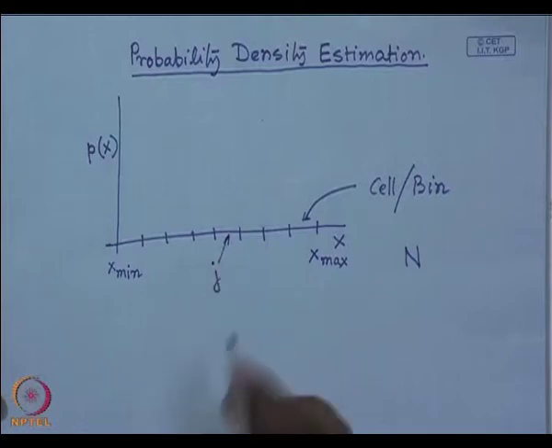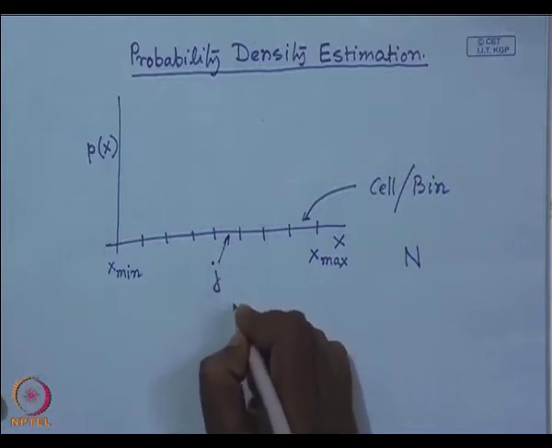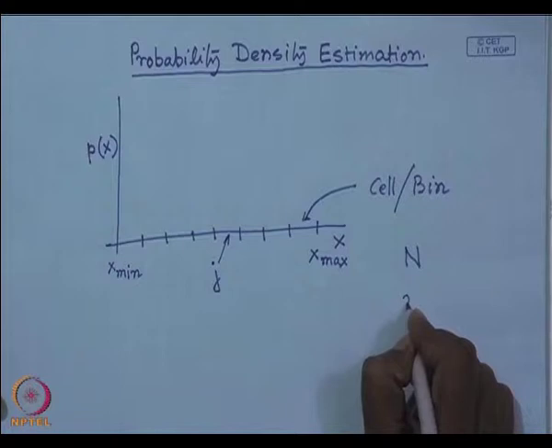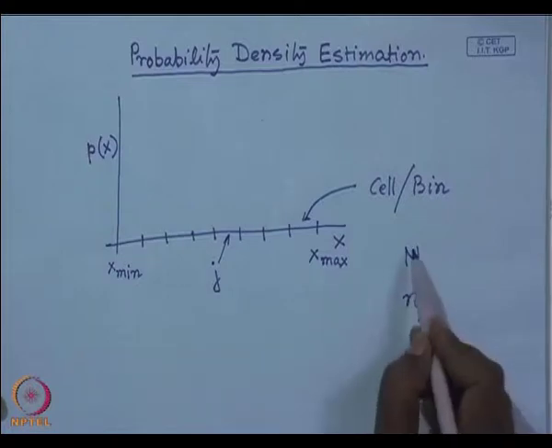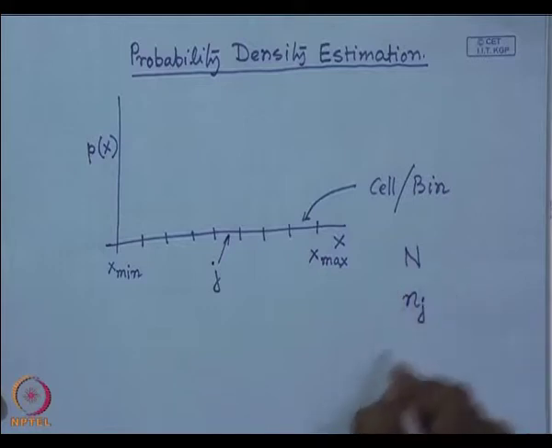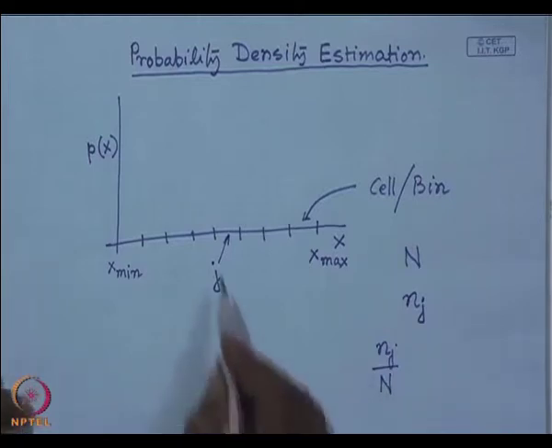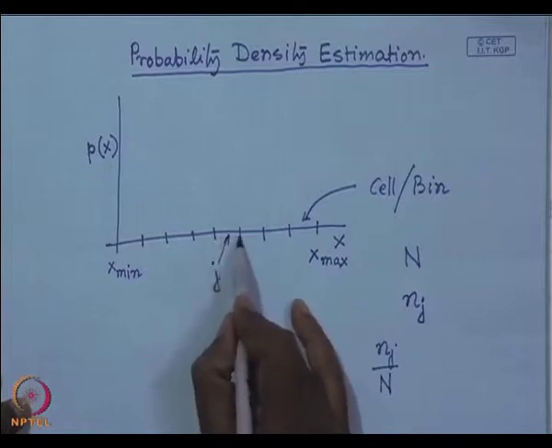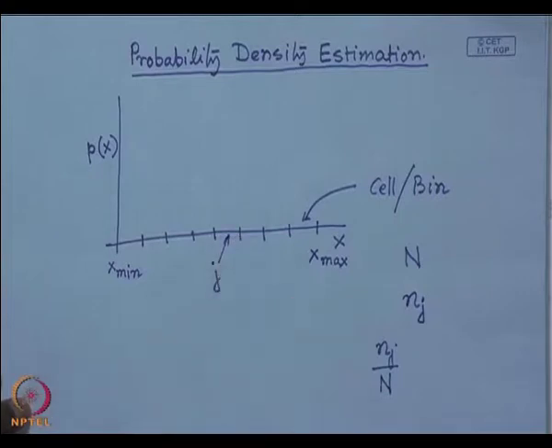So, if the number of samples that lie in the jth bin is given by n j, then I assume that this ratio of n j by N gives me an estimate of the probability density so far as this particular jth bin is concerned.